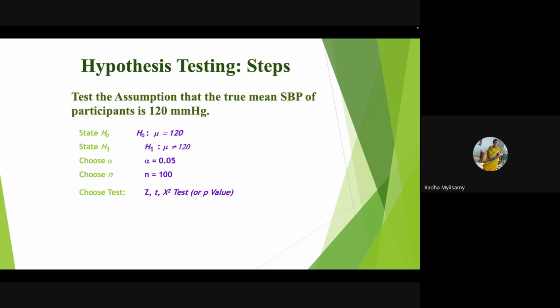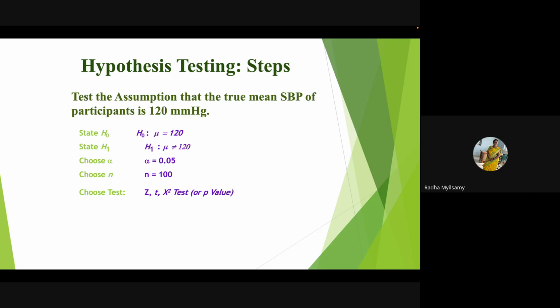So for all the tests, there are steps available. It is a 5-step process. First, we need to decide our null and alternative hypothesis. For example, if we are taking a sample from an agriculture field, we may have some assumptions about the chance of getting this much yield this year.